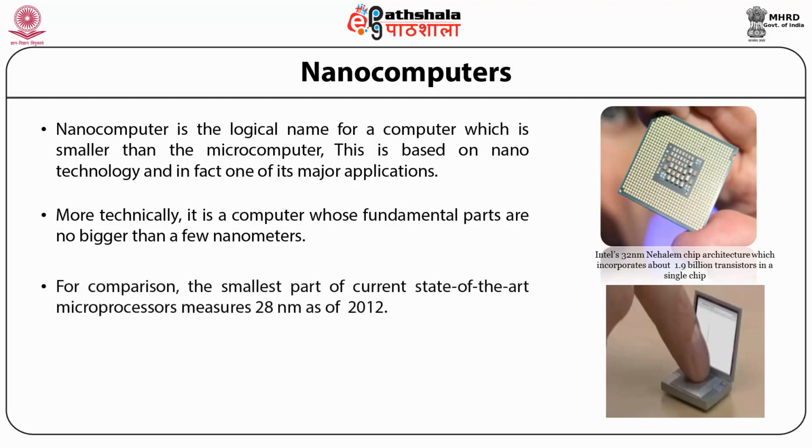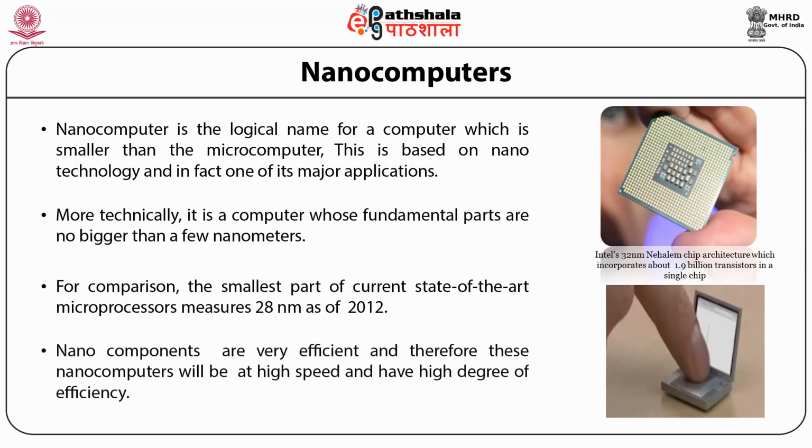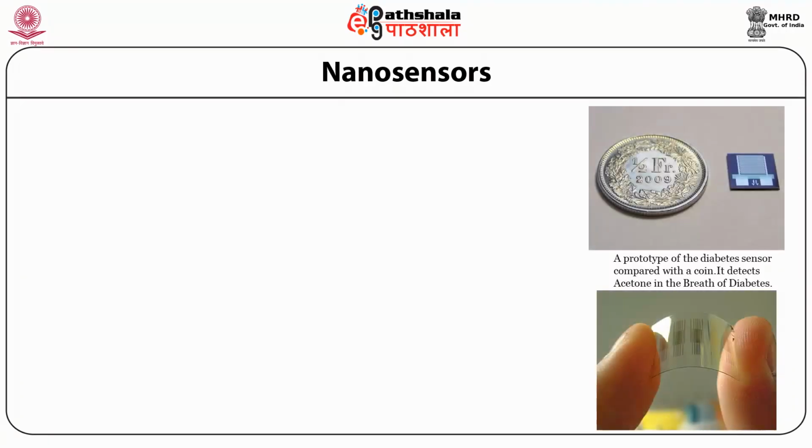For comparison, the smallest part of a current state-of-the-art microprocessor measures 28 nanometers as of 2012. Nano components are very efficient, and therefore these nanocomputers will have high speed and a high degree of efficiency.